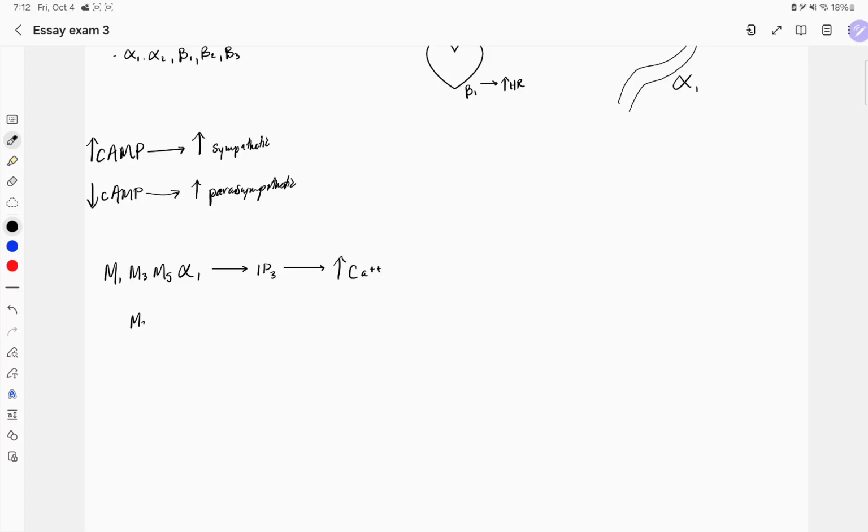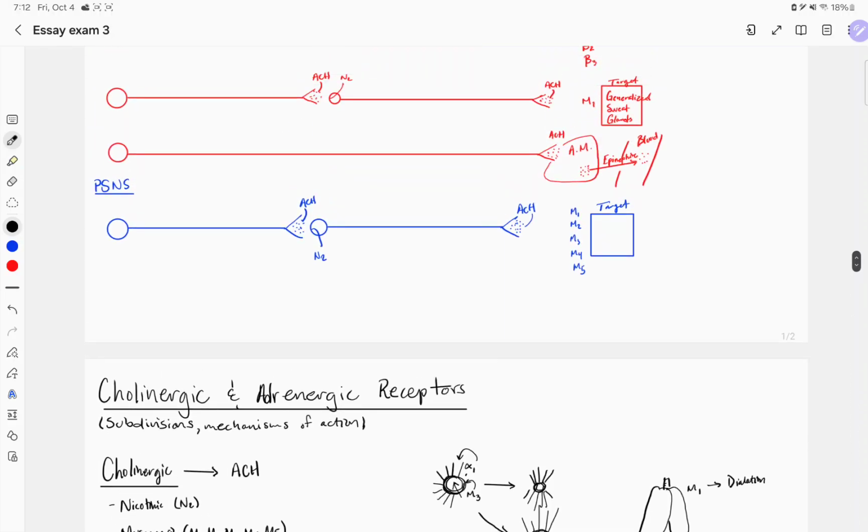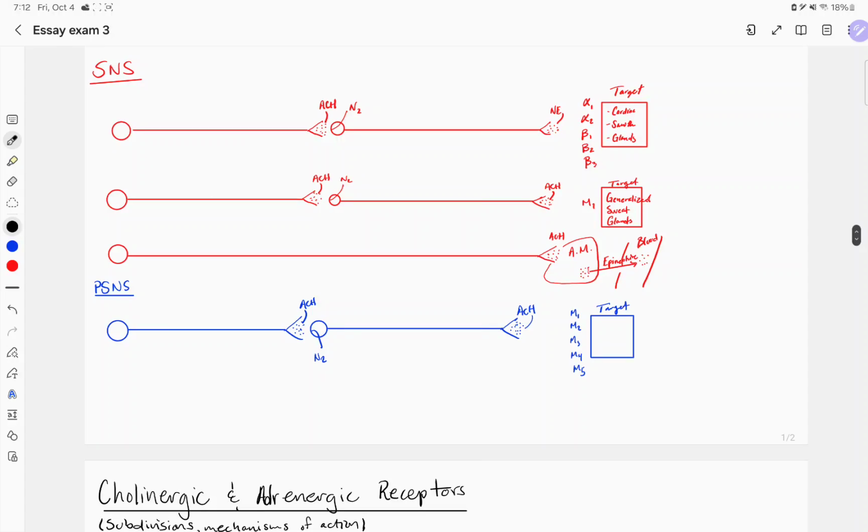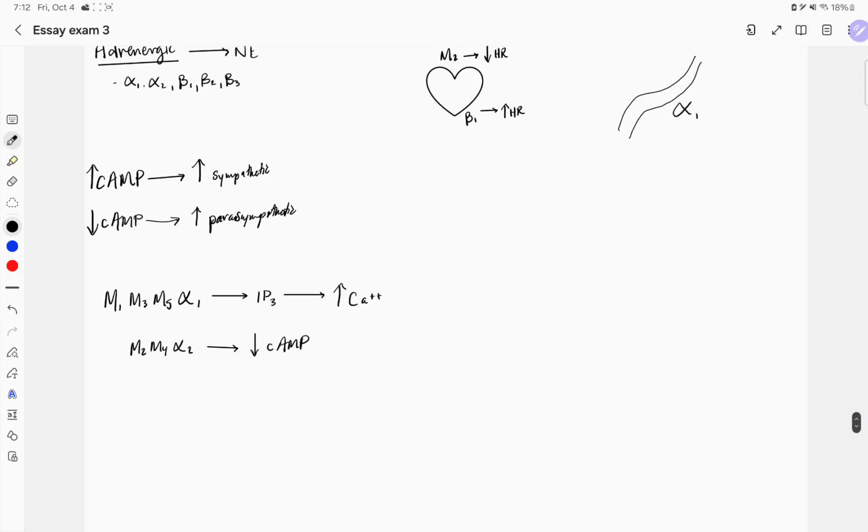If we look at M2, M4, and alpha 2 receptors, now we're looking at a decrease of cyclic AMP, which makes sense because these muscarinic receptors often are associated with the parasympathetic nervous system. So if we have a decrease in cAMP, what did we say? Increased parasympathetic response.